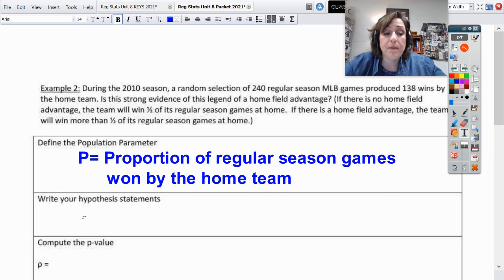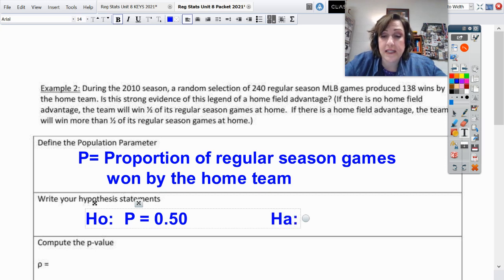Okay, so what would our null hypothesis be? Nothing special is happening. Okay, no legend, no effect, no legend of a home field advantage. That would mean p equals 50%. Okay. If there is a home field advantage, then what is the effect? Then p is now going to be greater than 50%.